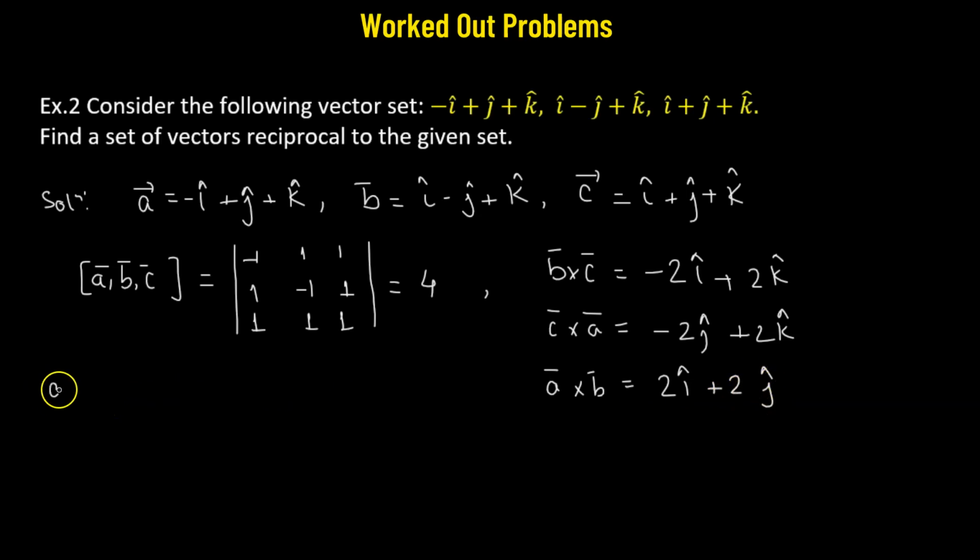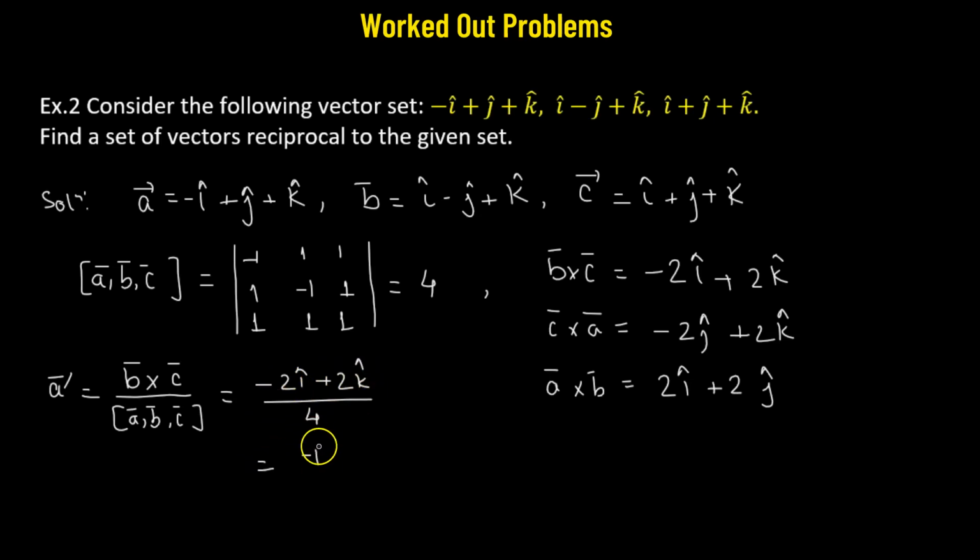Well, that means our reciprocal vector A prime will be, by definition, vector B cross vector C divided by the scalar triple product of vectors A, B and C. So this will be negative 2 i cap plus 2 k cap divided by 4, or simply negative i cap plus k cap divided by 2.